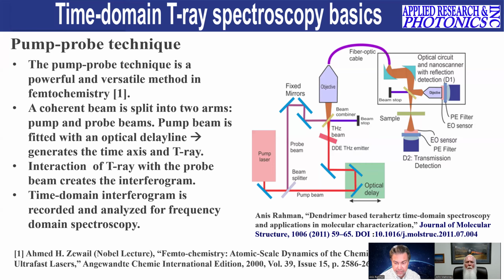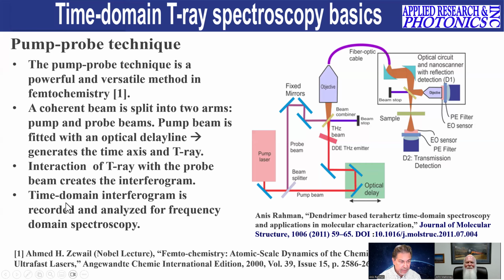That's why it's also called an ultra-fast technique for probing material, because if the resonance is happening in the femtosecond region, which is very, very fast, then we need a fast process to track it down. This is another rationale for time domain spectroscopy.